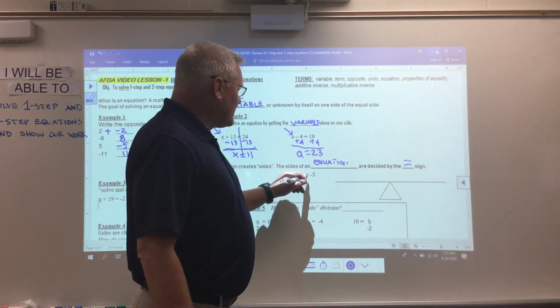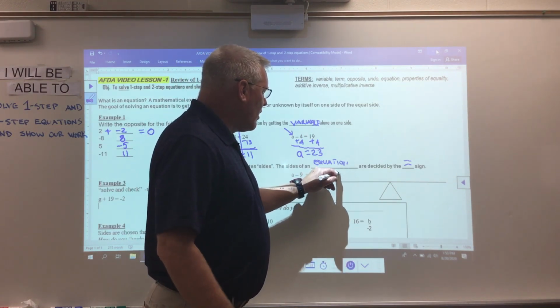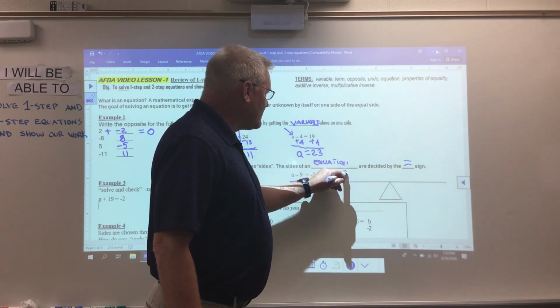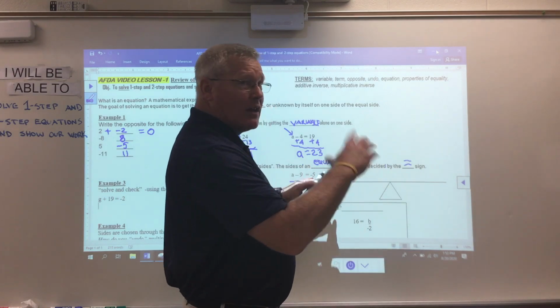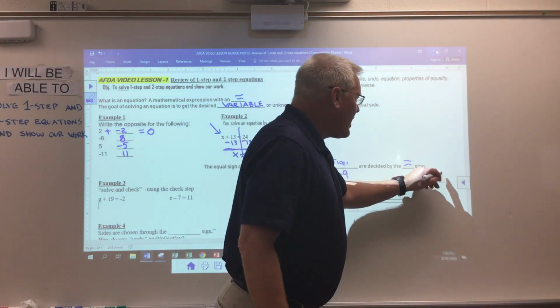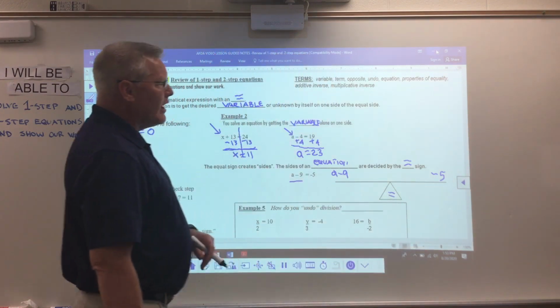So if we were to take this side over here, this A minus 9, and put it on the left side of this balance, to keep it balanced just for this equation, we'd have to put a minus 5 on the other side. And there's your equal sign right in the middle.